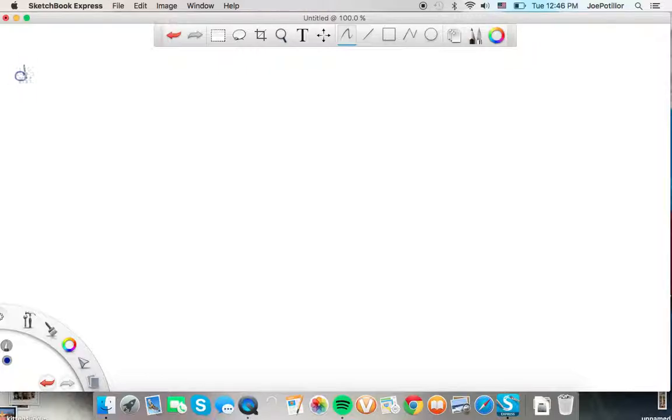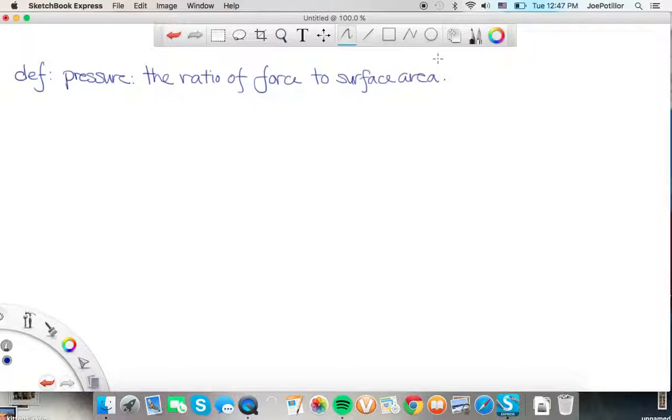So the definition of pressure is the ratio of force to surface area of a particular quantity.